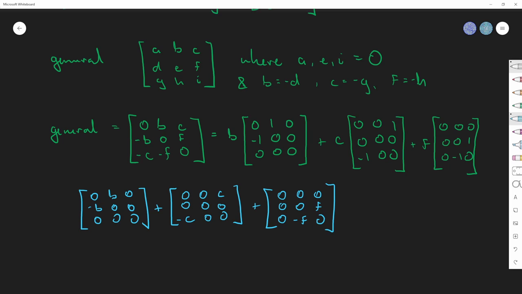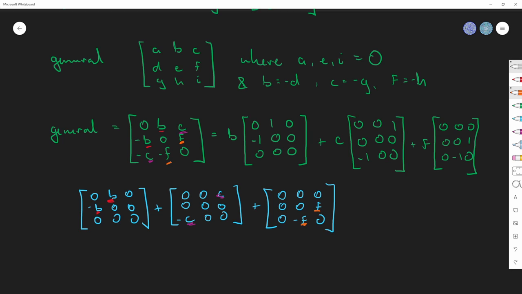When you add all these together, you can see that we'll have our b's, our c's, and our f's where they're supposed to be. Remember, when you add matrices, you just add the elements in that specific location.